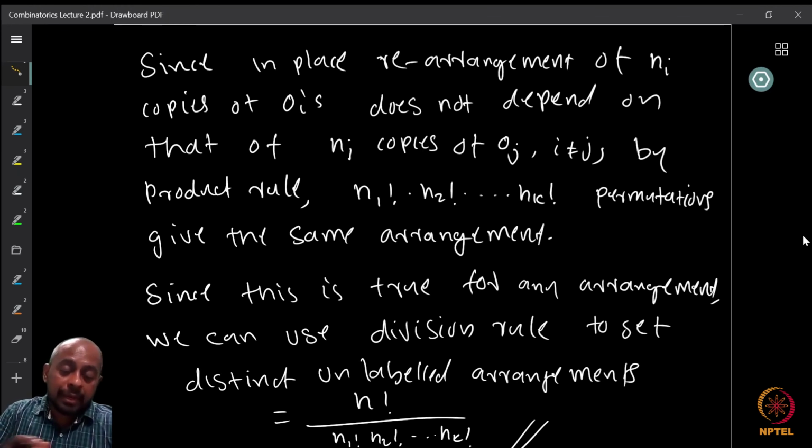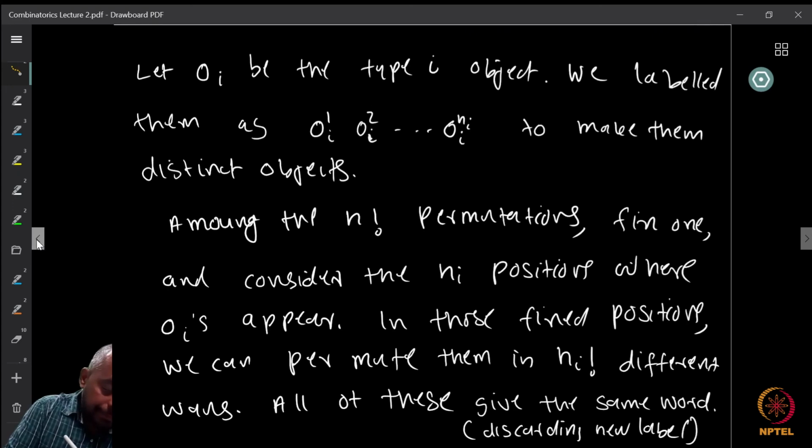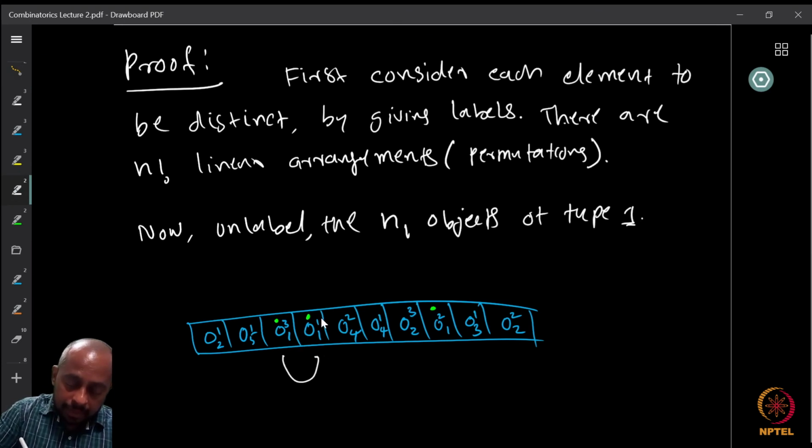Since the in-place arrangements of the ni copies of Oi do not depend on those of the nj copies of Oj, I look at the ni positions and rearrange them, and I look at the nj positions of the other objects and rearrange them there. That doesn't affect anything. For example, with the copies O1 1, O1 2, O1 3, no matter how I permute them between themselves, this goes here, this guy goes there, and this guy comes back here.